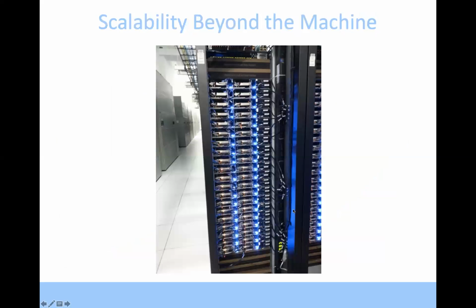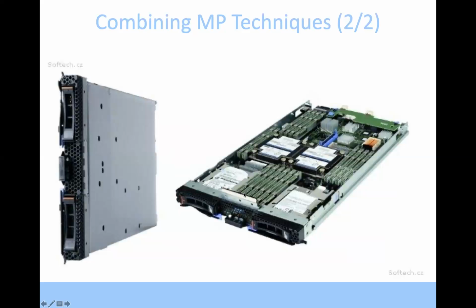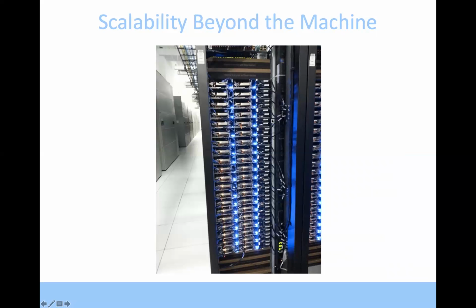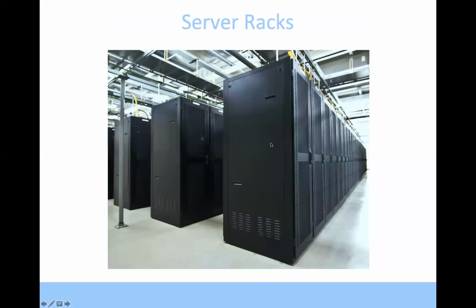And then you can scale beyond a single rack, so you can have network links at the scale of a whole data center. So beyond a single server, you can scale to a rack, right? So now you can schedule operations at the rack level, or across server racks.